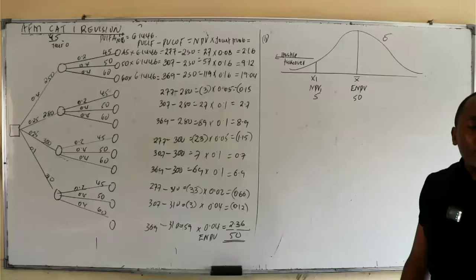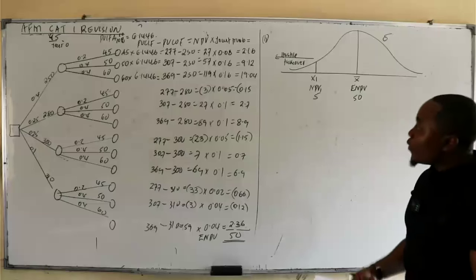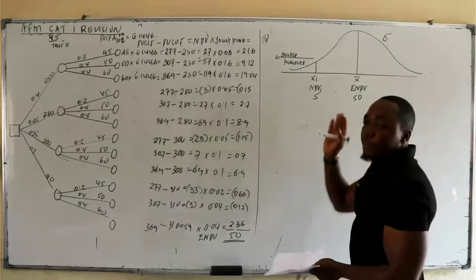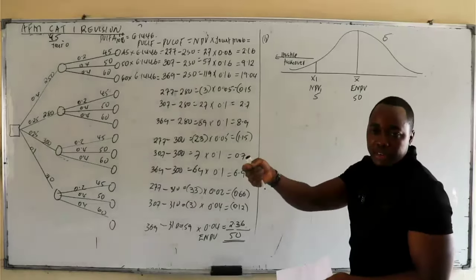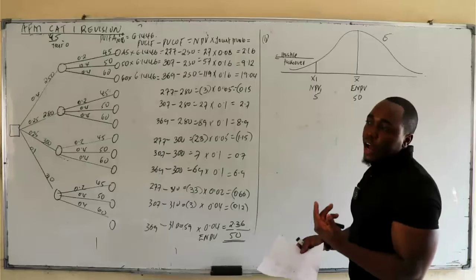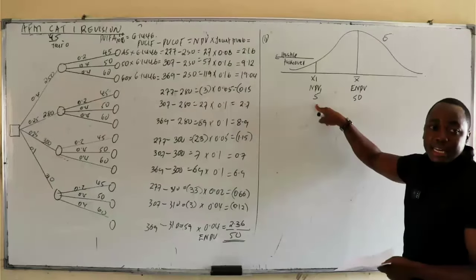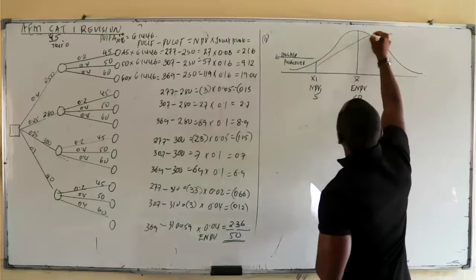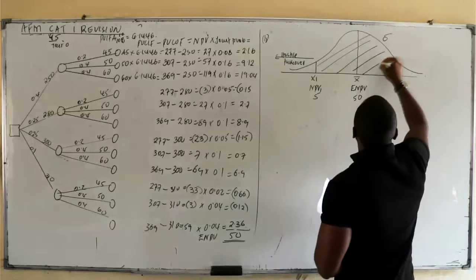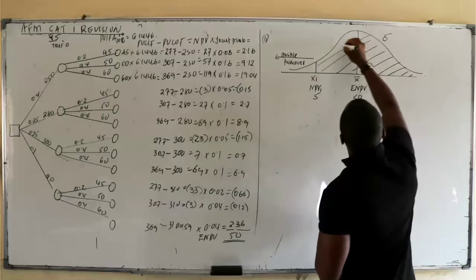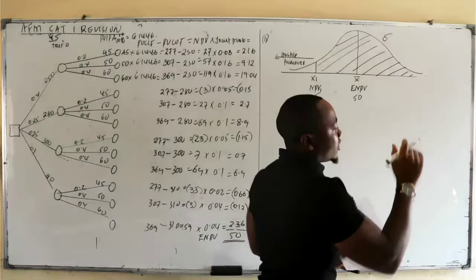What does it mean to avoid? To avoid inamaanisha, if you are below 5, that's when you're exposed to hostile takeover. The probability that will avoid hostile takeover, that means our NPV must be greater than 5. So you shade the region of interest. This is the probability of avoiding a hostile takeover.